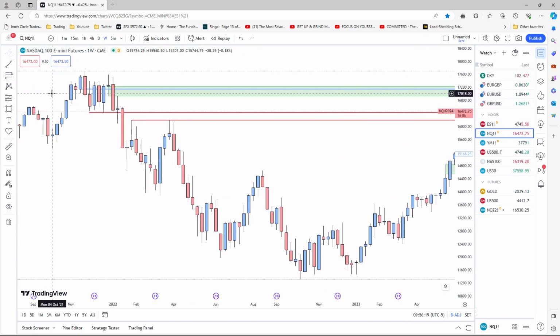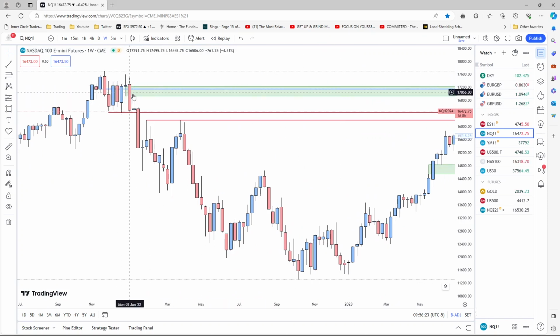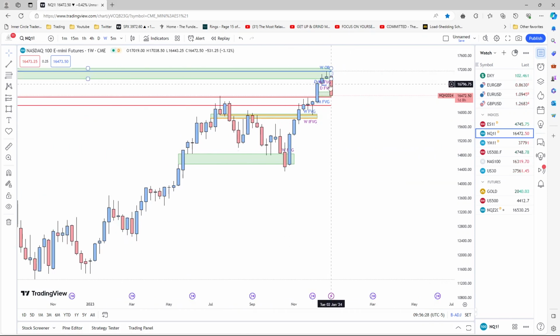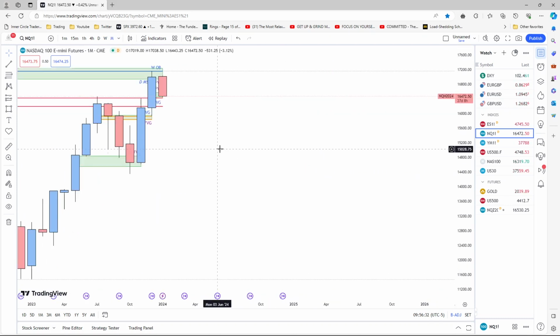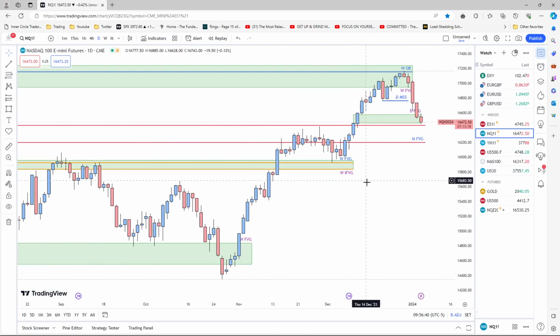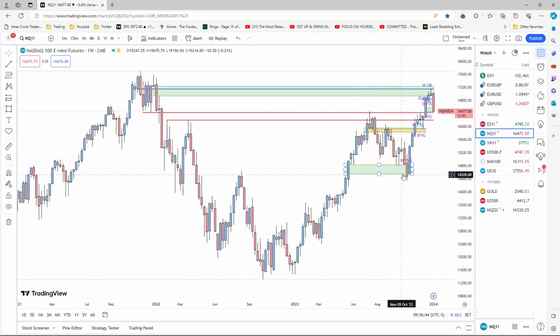There's the weekly order block I used to extend it out in time. I was looking at that weekly fair value gap over there. Extend that in time. And then on a monthly, there's the fair value gap that I was looking at down here. So there you have all the levels and why they are where they are.